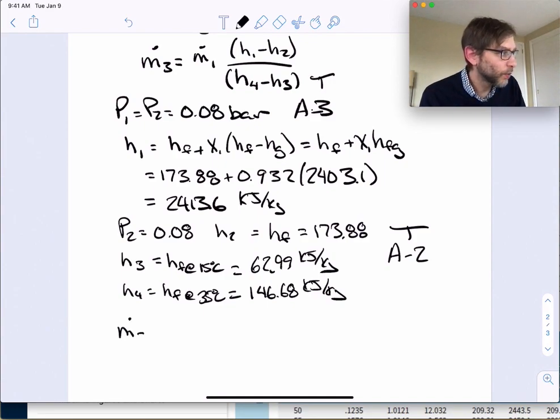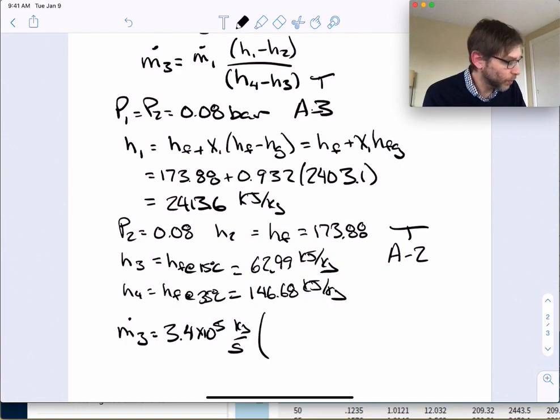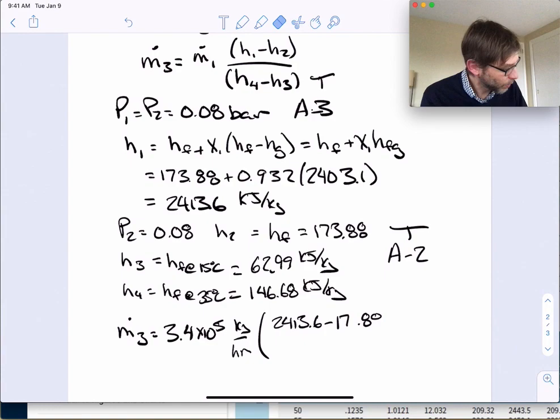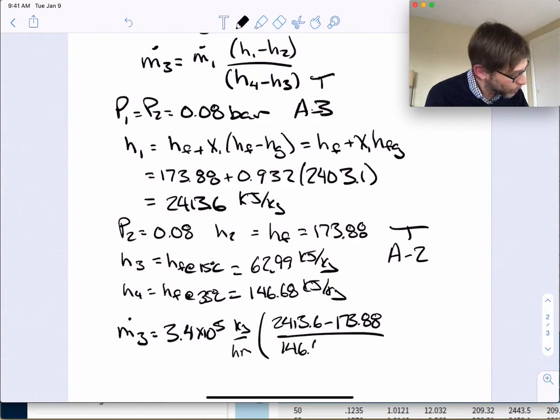So m dot 3 is equal to 3.4 times 10 to the 5th kilograms per hour times (2413.6 minus 173.88) divided by the difference here, which is h4 minus h3, which is 146.68 minus 62.99.